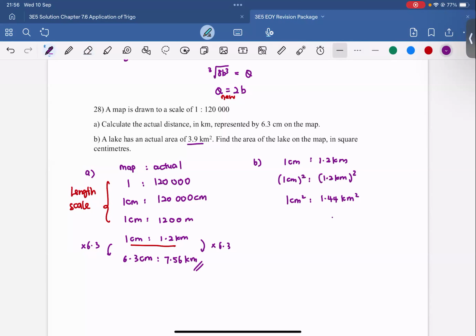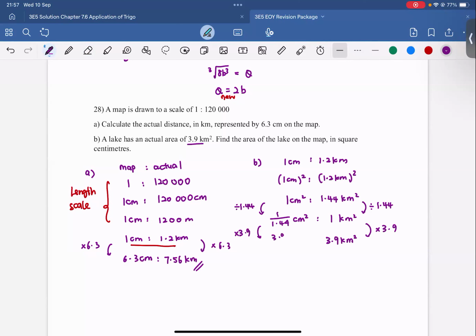Don't know? Change to 1 first. So how 1.44 go to 1? Divide by 1.44. So if I divide by 1.44 here, I also divide by 1.44 here. Do I need to press calculator? Don't need. Just divide by 1.44 like that. Next, you want to find 3.9 km square. What do you do? Times 3.9. Here also times 3.9.